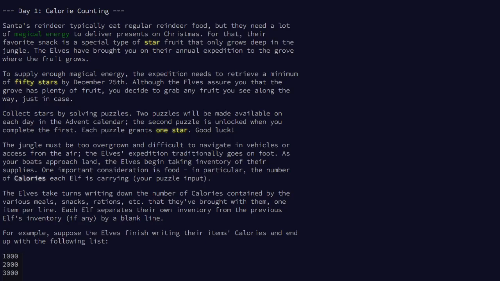Hello guys, today I will be starting my attempt to solve all the 25 problems on the Advent of Code of the year 2022. I plan to solve half of the challenges in Typescript, and the other half in Rust.